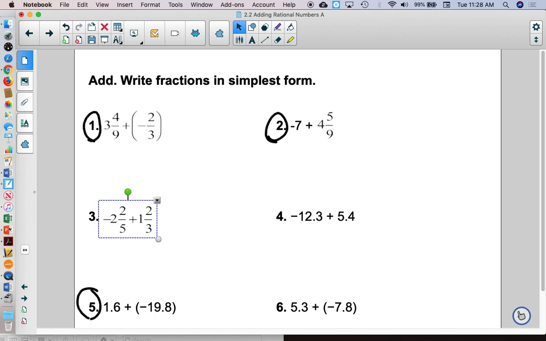Now, 13. Okay, one's positive, one's negative. I gotta keep my positive sign because it's the bigger one. And then I do subtract.